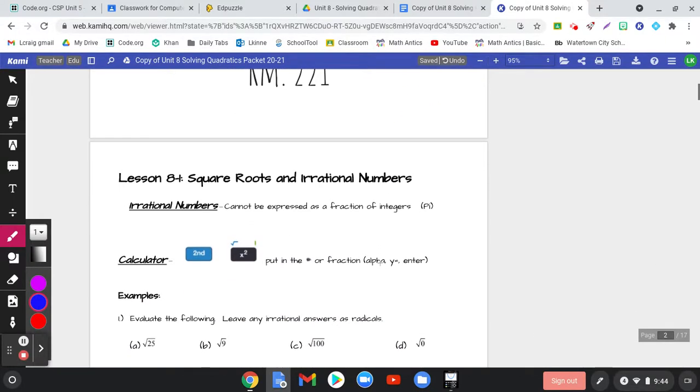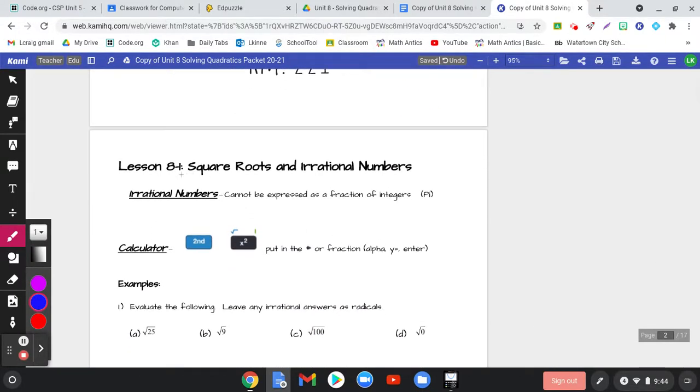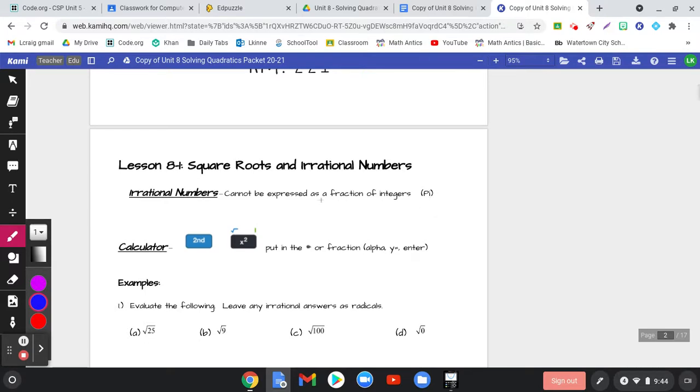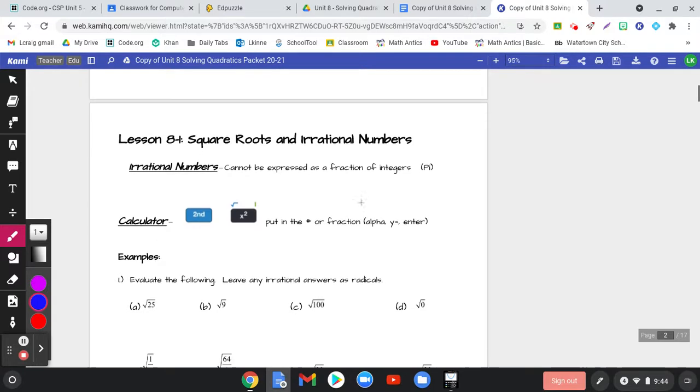Before we get into that, though, we're going to just review square roots and irrational numbers. For an irrational number, I want you to think about pi. An irrational number basically doesn't end or repeat, and it can't be expressed as a fraction of integers.